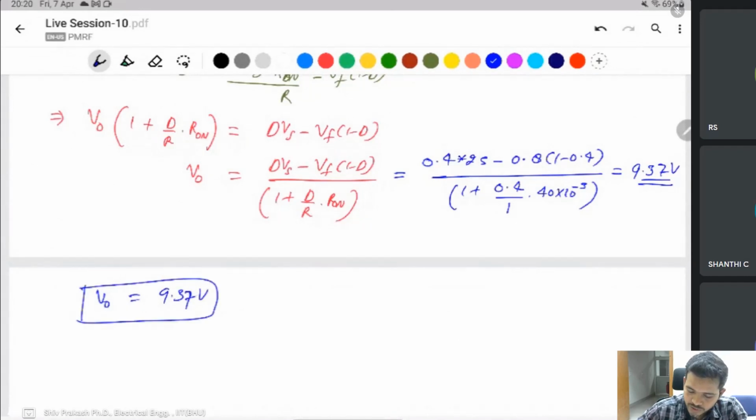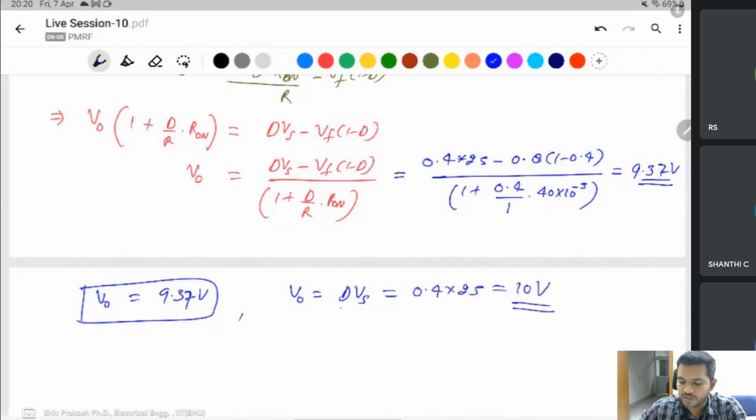In the ideal case, you know that in a buck converter V output is dVs, duty ratio 0.4 into 25, which is equal to 10 volt. But due to the voltage drop across the MOSFET on resistance and the forward voltage drop of the diode, the output voltage is 9.37 volt, less than 10 volt.